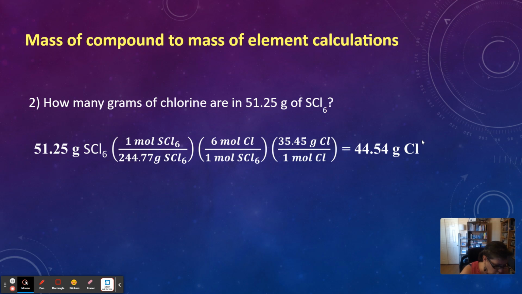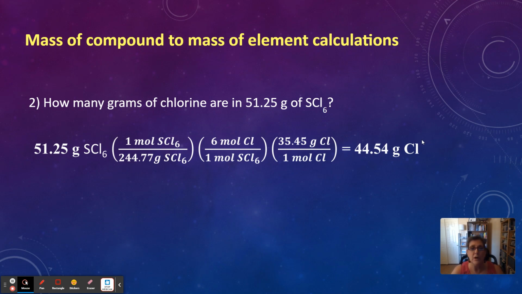So that would be chlorine, which is 35.45 times 6, plus a sulfur, which is 32.07, equals 244.77 grams. Grams is on the bottom to cancel out. That is 1 mole of SCl6 on top. Remember, molar mass is always one of them. You add up one of them. Grams cancel. We got moles.